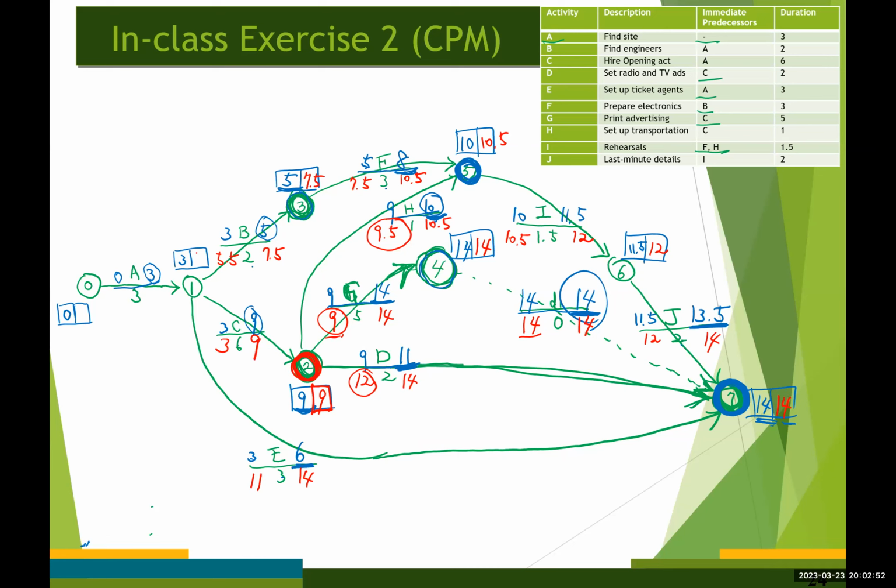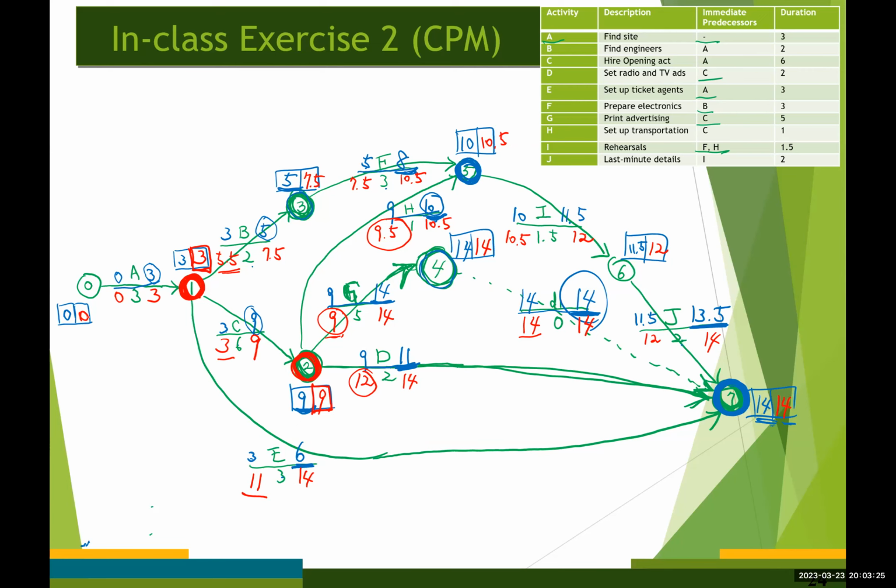Again, we need to determine the latest time for event number 1. That's going to be the minimum value among these 3, right? That's going to be 3. 3 minus 3, 0, and then 0. Okay, now we obtained the latest time for each event as well.